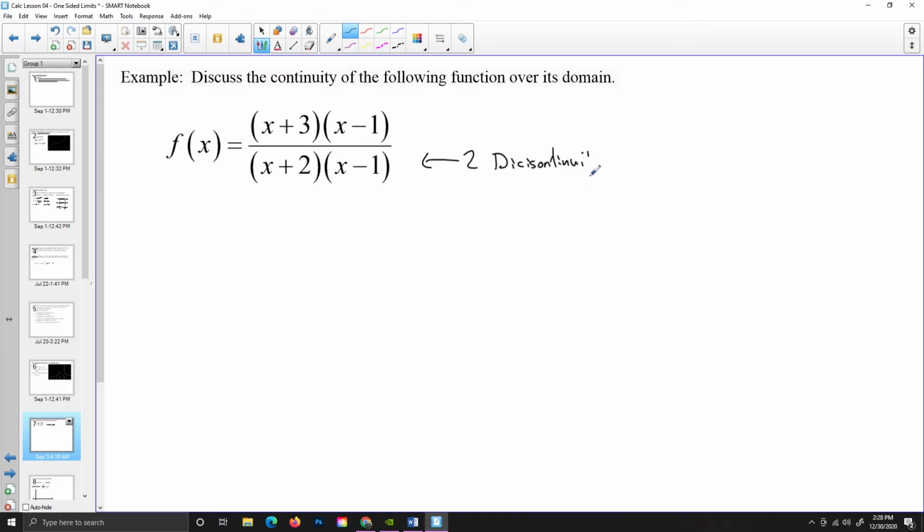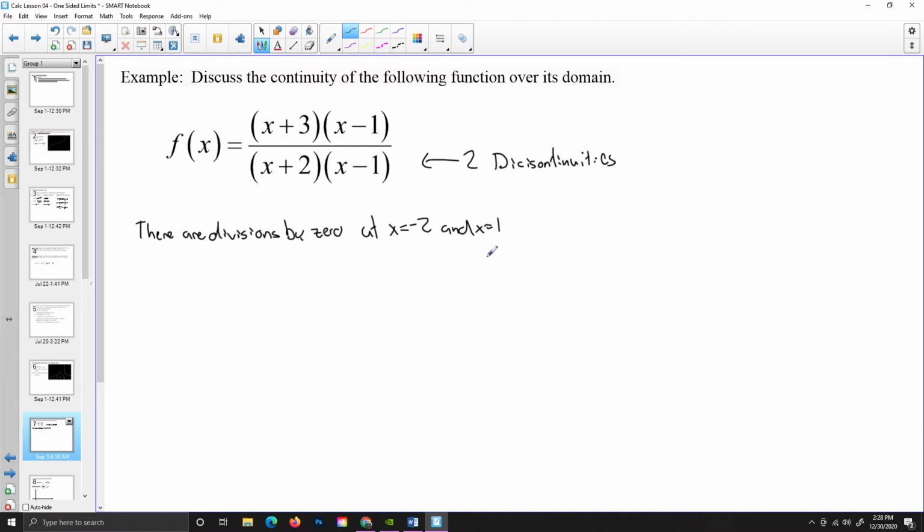There are divisions by 0 at x equals -2 and x equals 1. So I have a discontinuity at x equals -2, and I have another discontinuity at x equals 1.